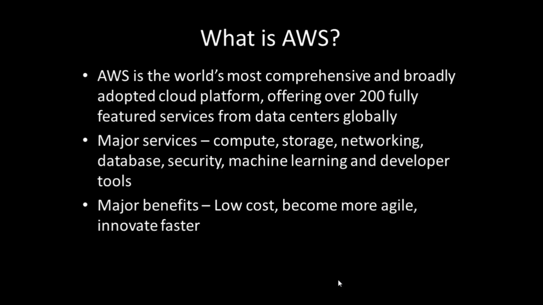As we mentioned, it provides 200 plus services, and currently AWS is spread across the world. It has 25 regions and 81 availability zones. So regions are at a higher level, and within the regions you will have availability zones for a better redundancy.